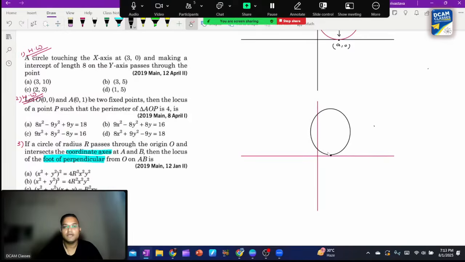It's touching at (3, 0) on the x-axis, and it is making an intercept of 8 units. This length is 8. Now they are asking which of these four points passes through the circle.